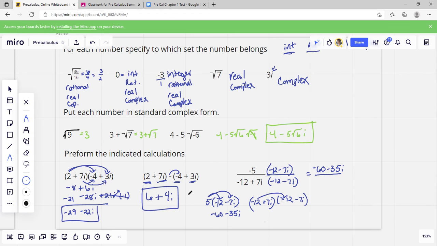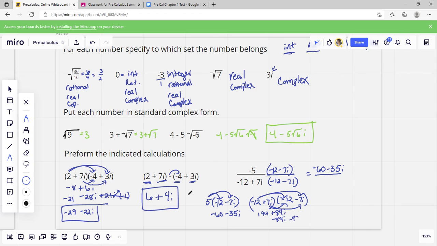Negative 12 times negative 12 will be positive 144. 12 times 7 is 84. Positive 84i. 12 times 7 again would be negative 84i. 7 times 7 is 49.